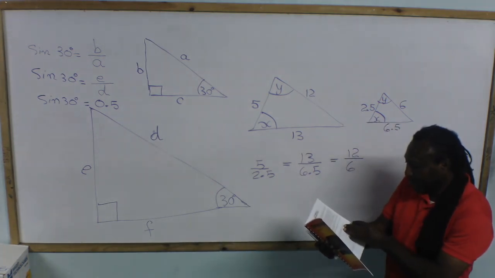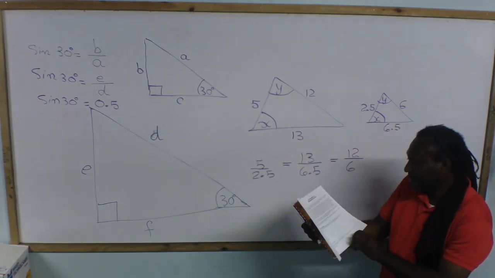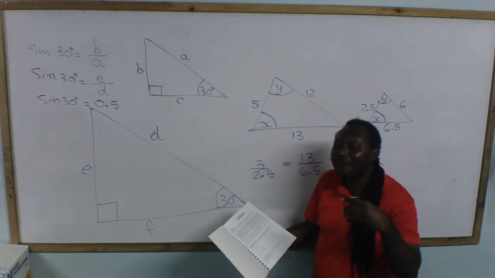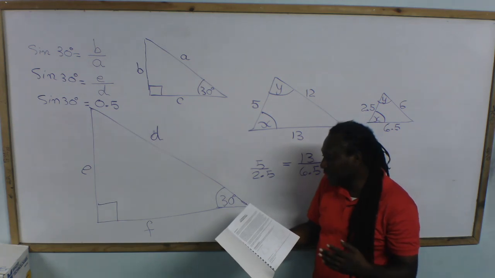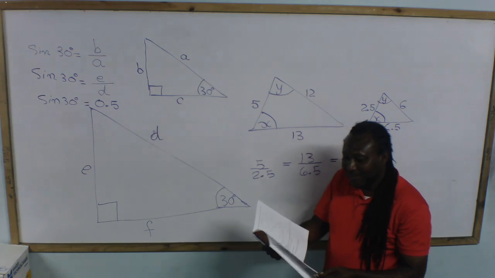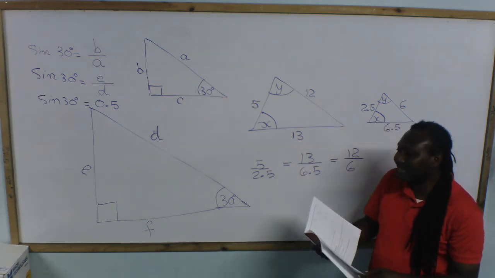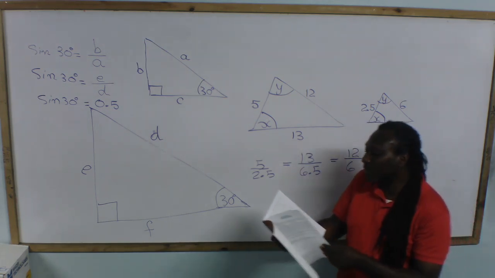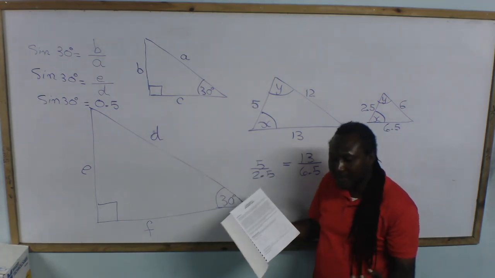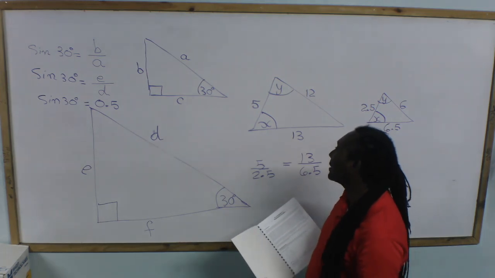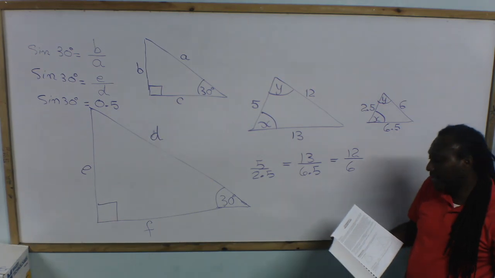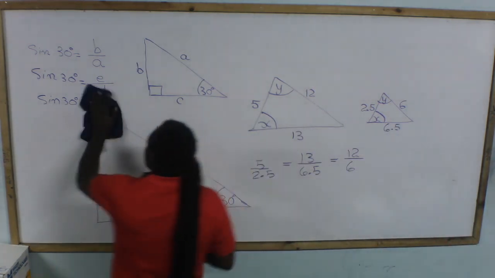For this instructional manual, we look at the ratios of corresponding sides of similar triangles, because that's the foundation of trigonometry. Some people say, why aren't we looking at the opposite, the adjacent, the hypotenuse? Because those are consequences of making use of the fact that the ratios of sides of similar triangles are equal.